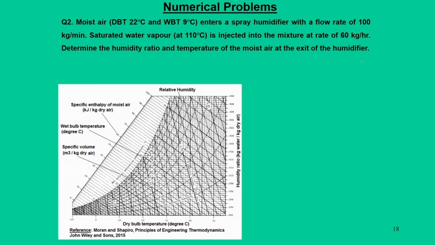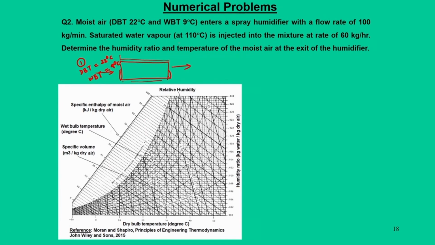So, you can draw a simplified version of the problem. We have a situation in which moist air enters this control volume at state 1, DBT 22 degree centigrade, WBT 9 degree centigrade.